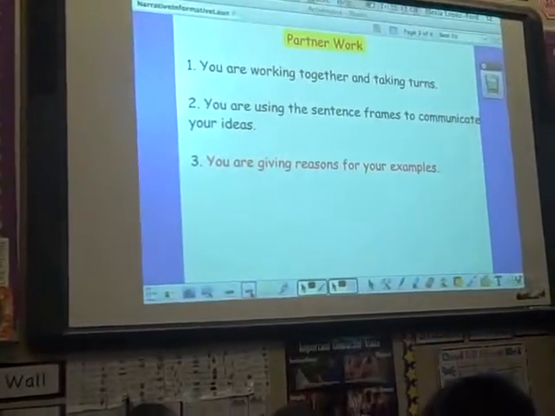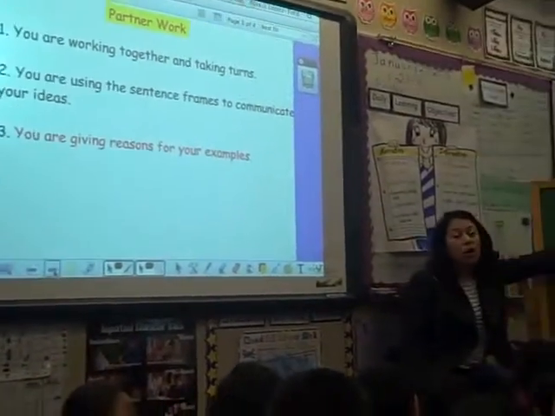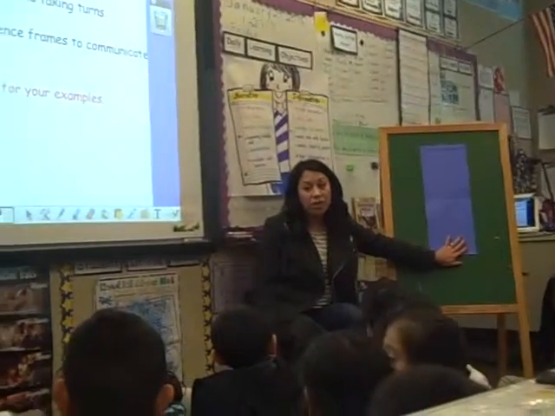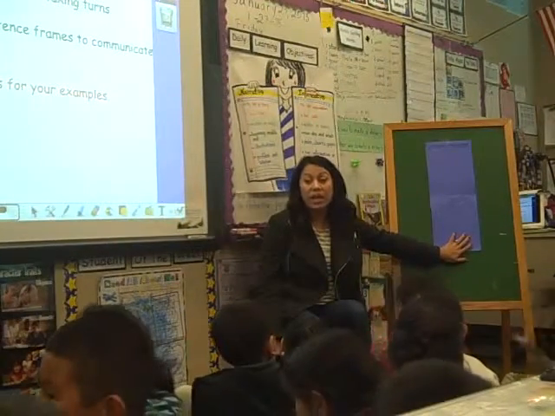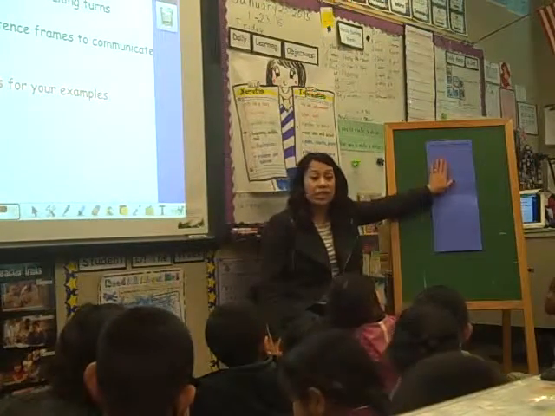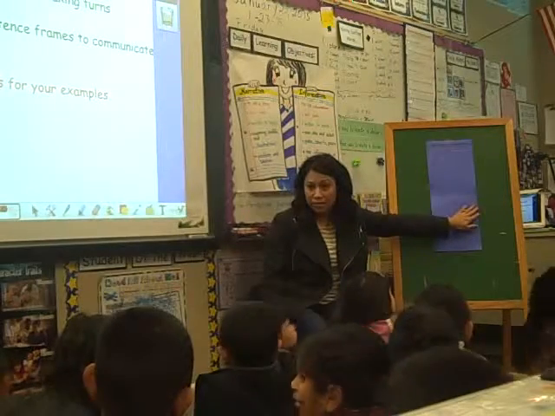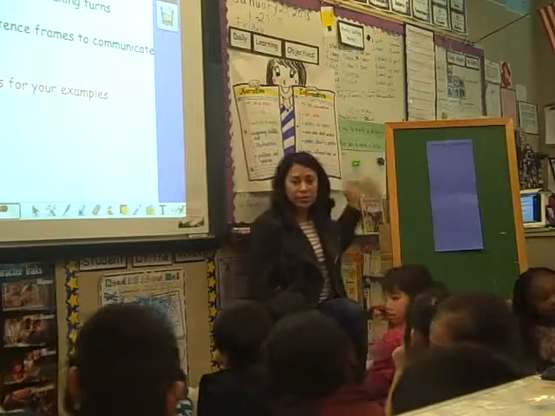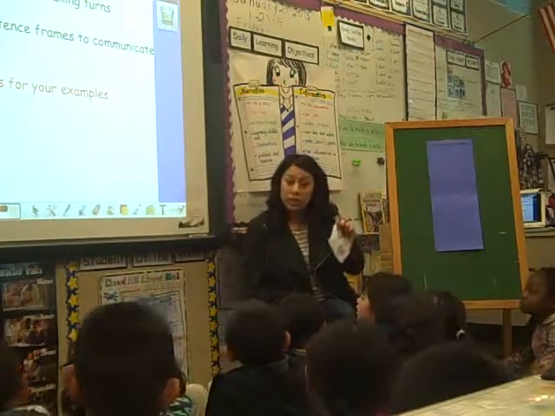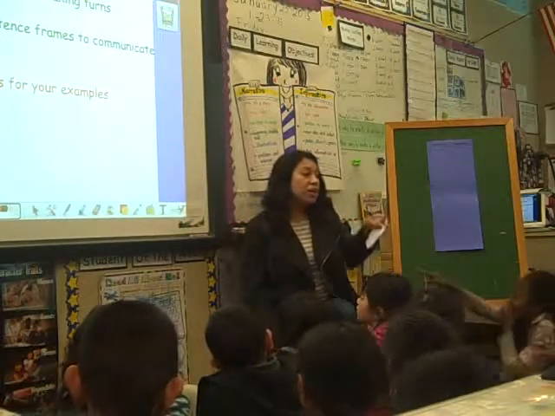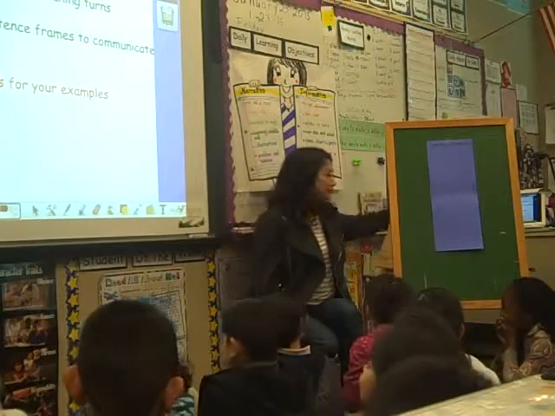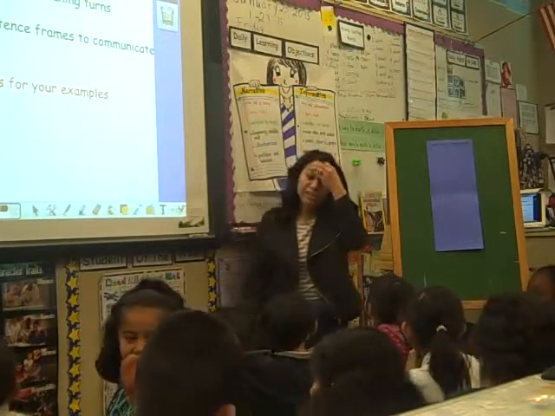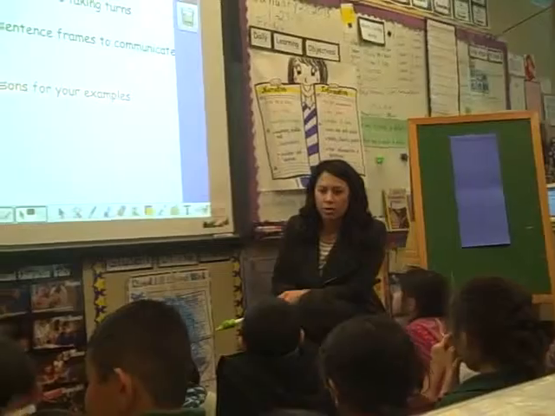Okay, so now with your partners, you are all going to have graphic organizers where you're going to identify where the example goes, in narrative or informative, okay? You are all going to have examples and you're going to sort them, okay? Now, this is what I'm looking for in your partner work, okay?